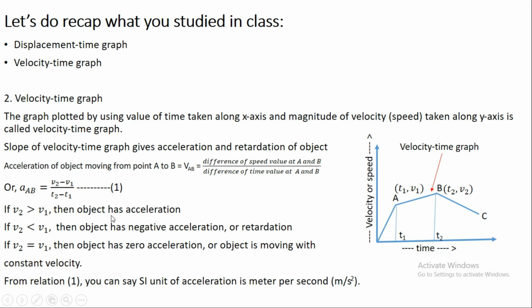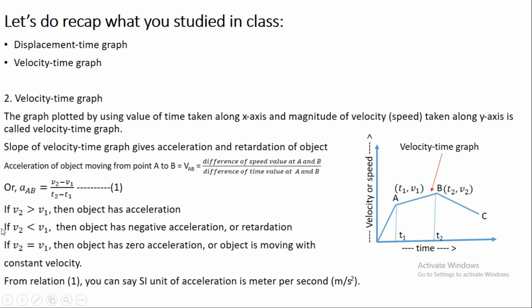This is the positive change of velocity with respect to time, and this is called acceleration. In this case the rate of change of velocity of the object is called acceleration, because the change of velocity is positive, because the value of velocity at the second point is greater, and the difference v2 minus v1 is positive.